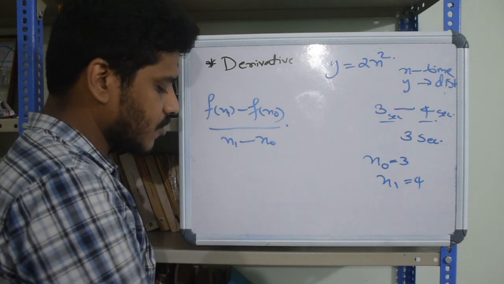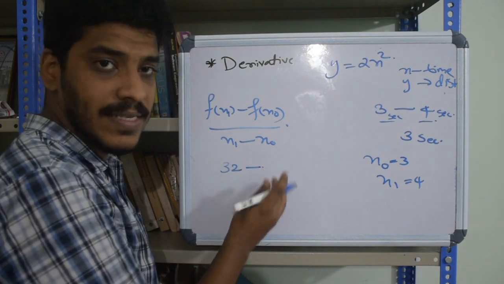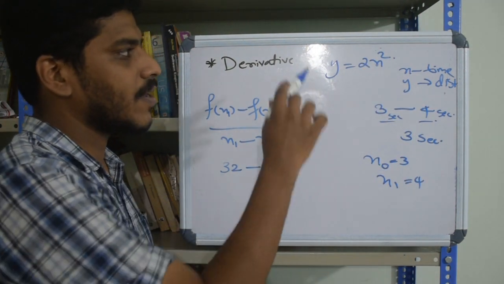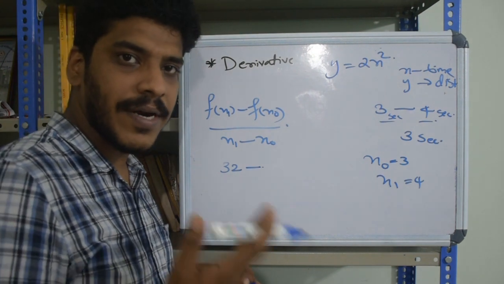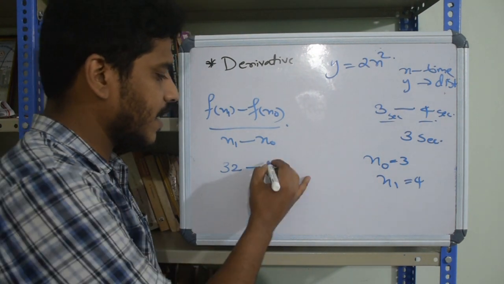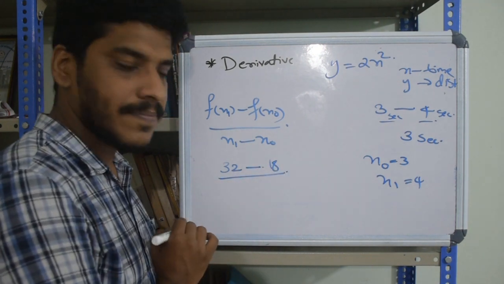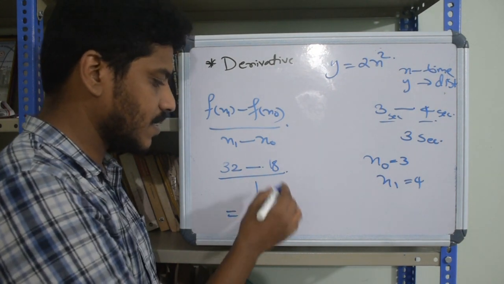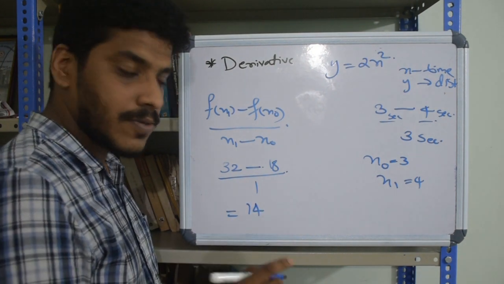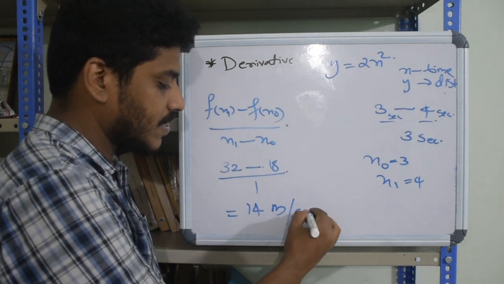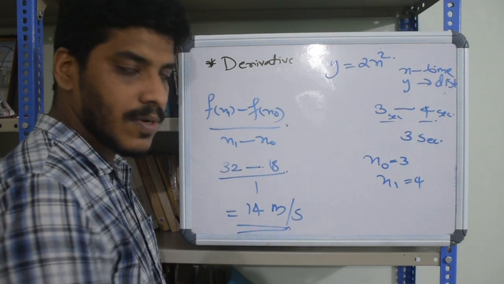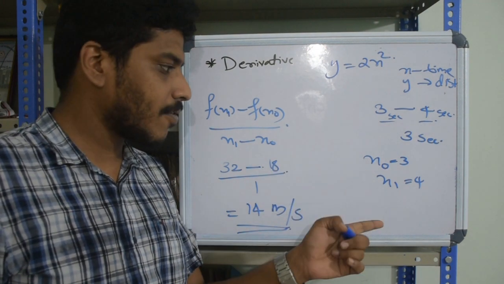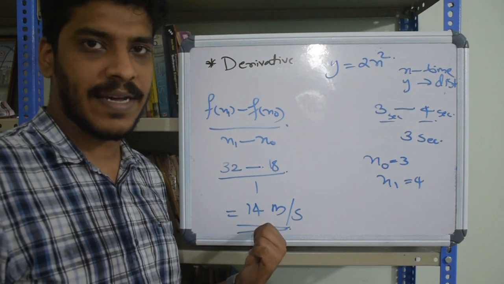So f of x1 is 32 minus f of x0. x0 is 3 here, so substituting 3 in this expression, we get 2 into 3 squared, so 2 into 9, which is 18, divided by x1 minus x0, which is 4 minus 3, which is 1. So this is 14. Don't forget to mention the units. So the average velocity between time 3 seconds and 4 seconds is 14 meters per second.